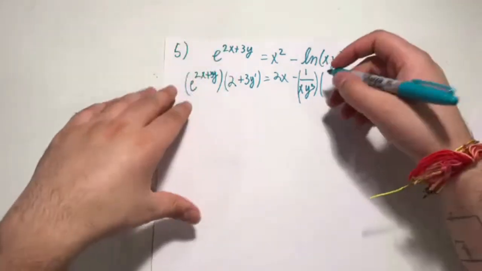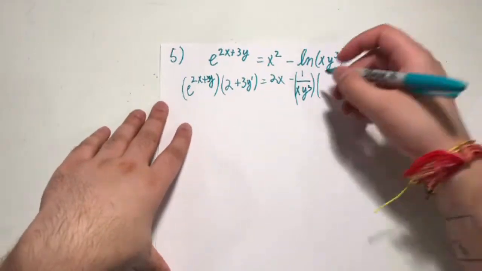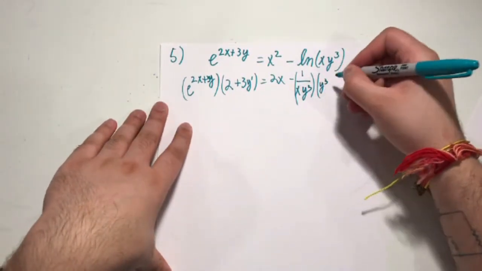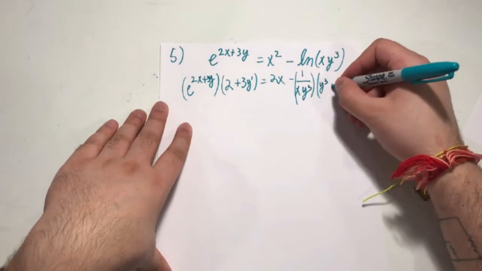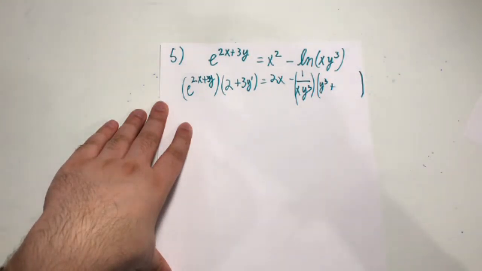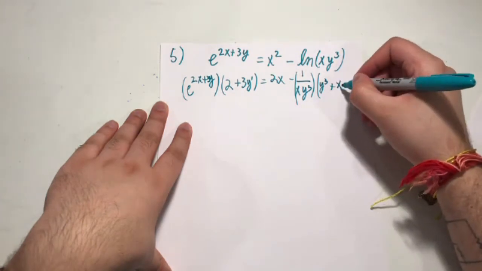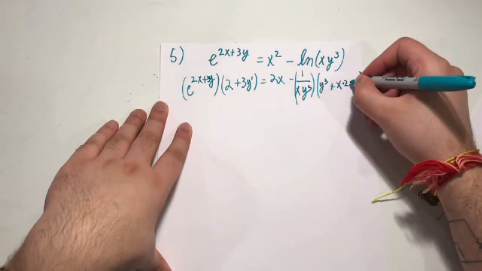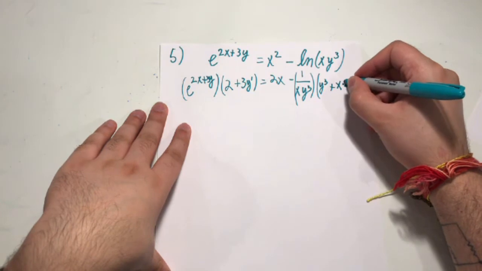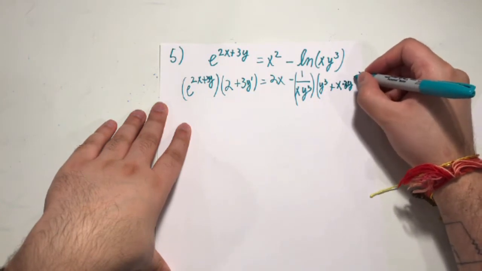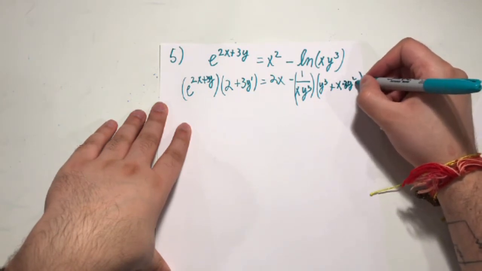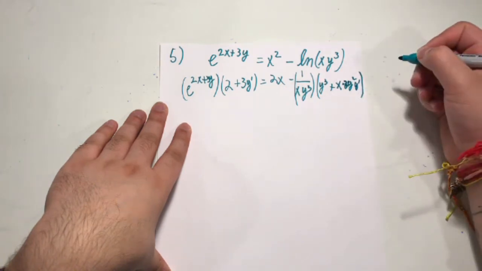It's the derivative of the first thing, which is 1, times the second thing, which is y to the third, plus the derivative of the second thing times the first thing. So that's going to be x times 3y to the second multiplied by y prime.